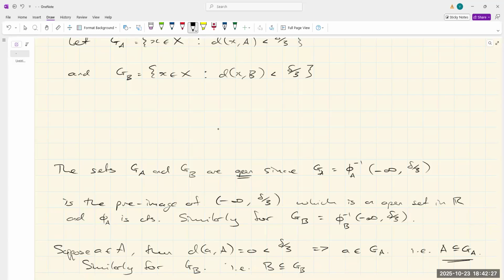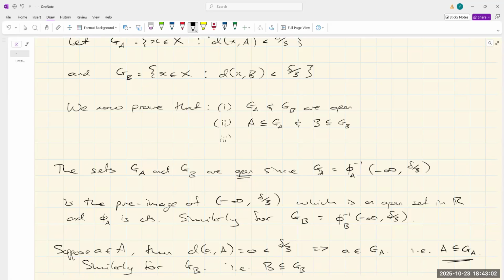We now prove that: 1, GA and GB are open. 2, because there's a few things we're doing, A is contained in GA and B is contained in GB.